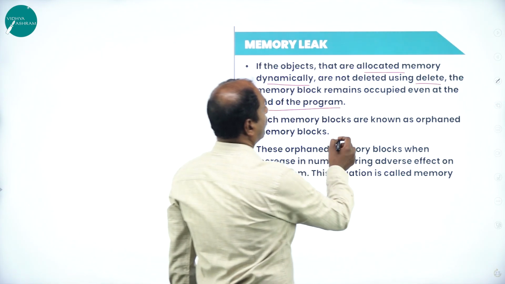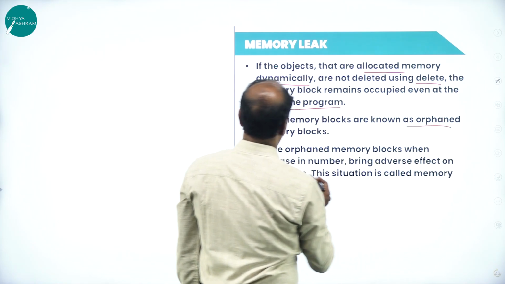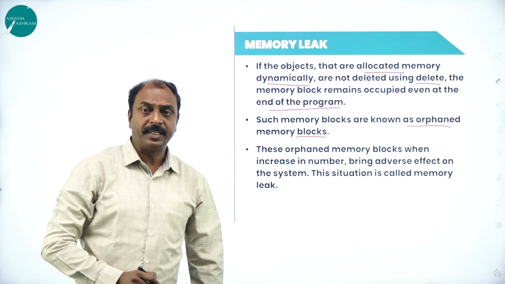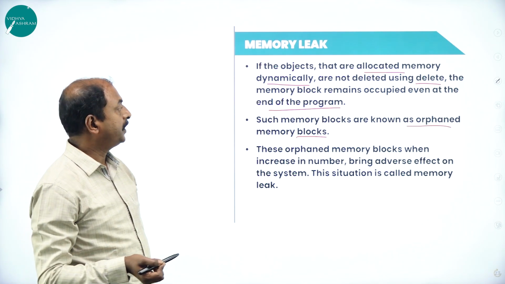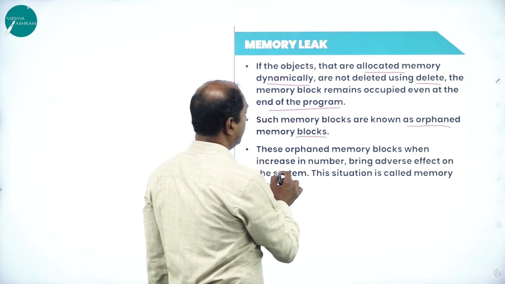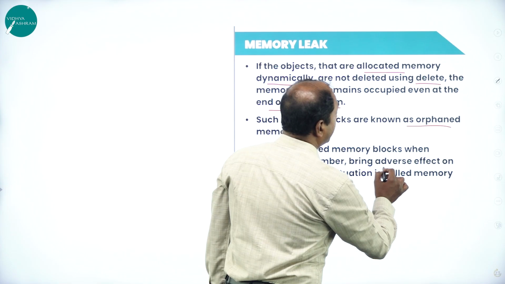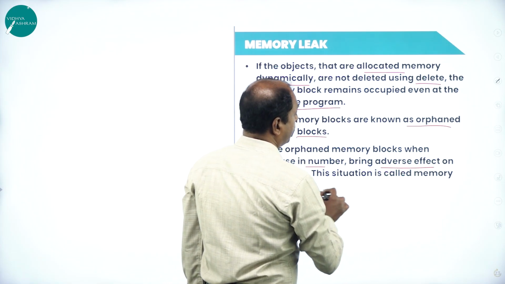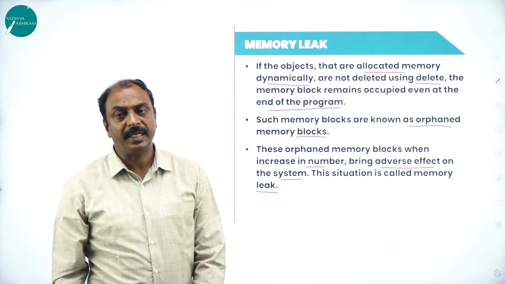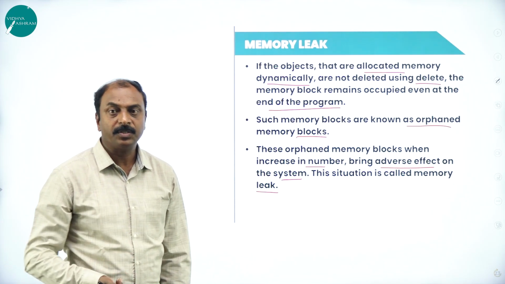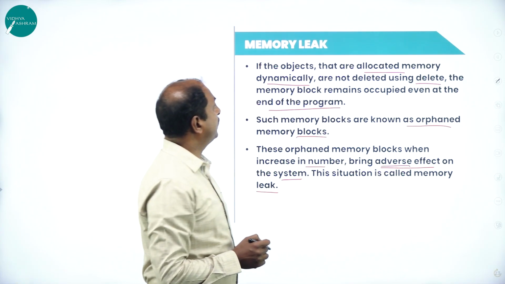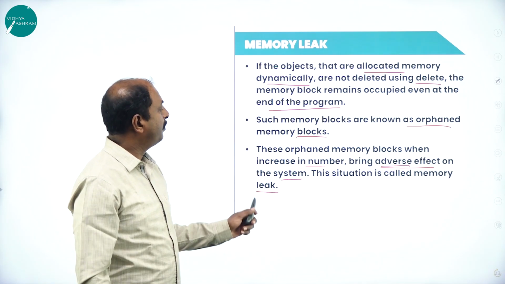Such memory blocks are known as orphaned memory blocks. These are the memory blocks which are not deleted with the delete operator. When these orphan memory blocks increase in number, they have an adverse effect on the system. This situation is called memory leak.